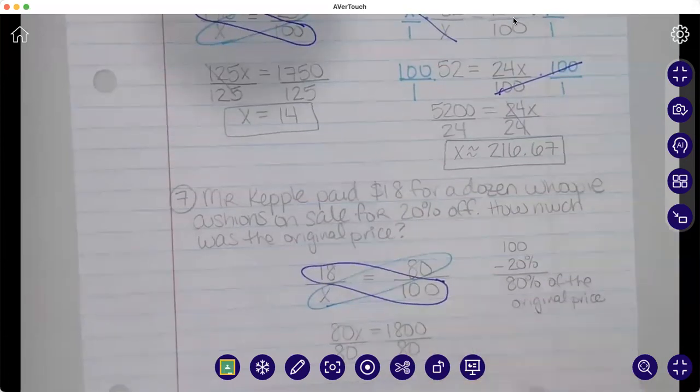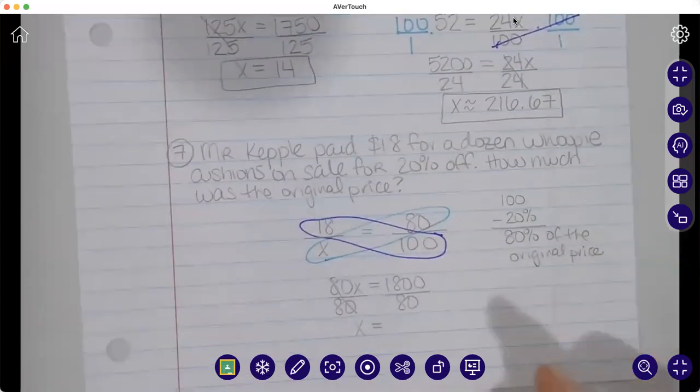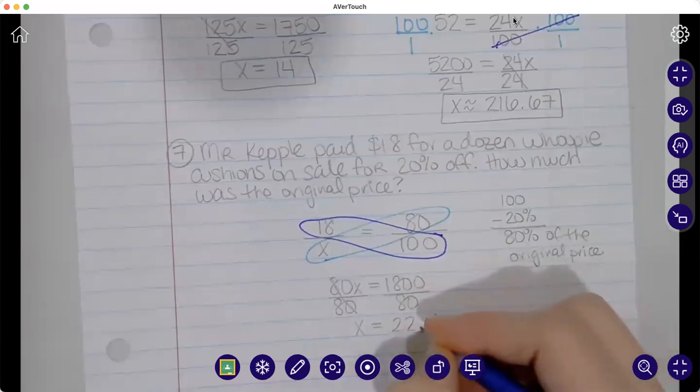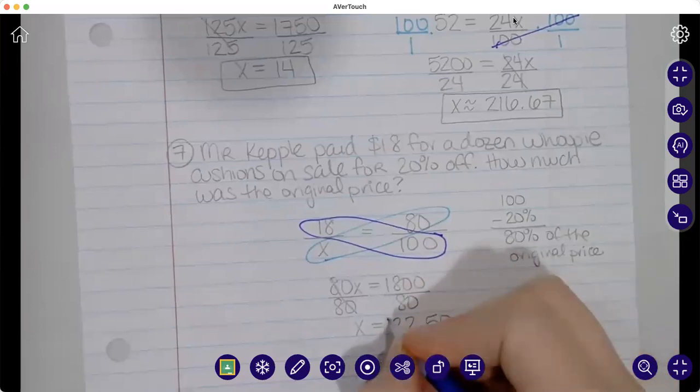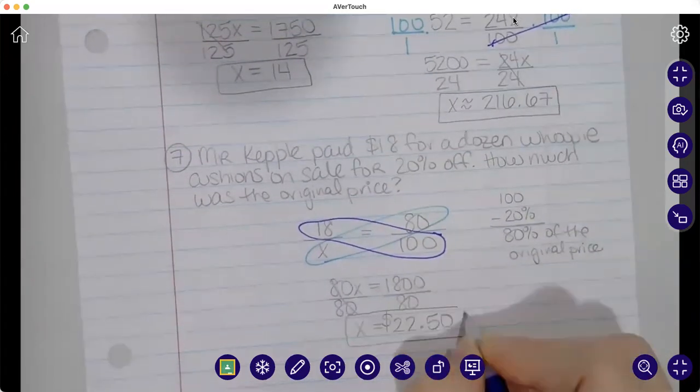And x equals, now this one doesn't come out perfectly, it comes out as 22.5. But if we think about money, remember we always round to the hundredth, so it'd be 22.50. So the original price was $22.50.